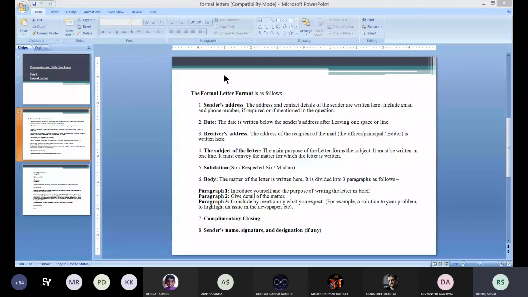Only group discussion is there. Okay, I'll upload that. Notes for the non-verbal communication and slides for resume and letter I'll upload. The rest of the things will be uploaded by Pallavi ma'am only. So let me stop here.